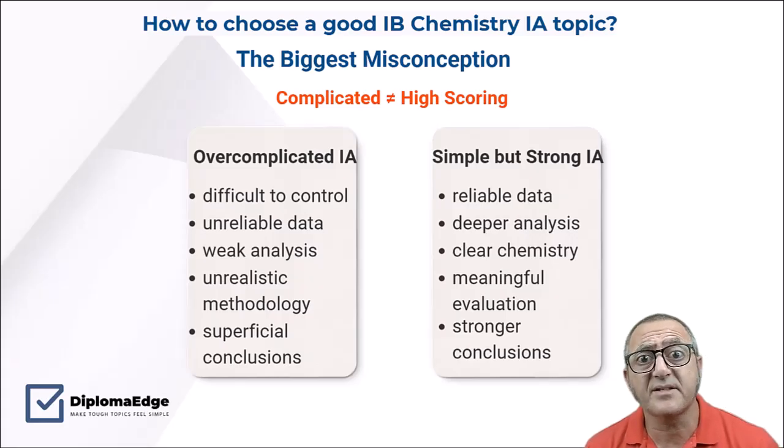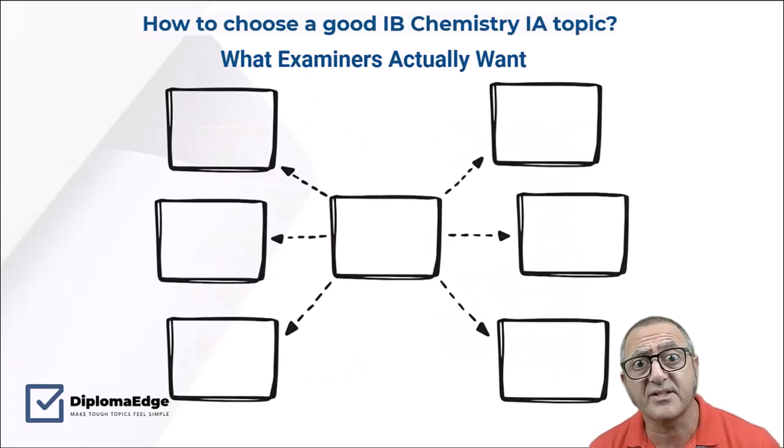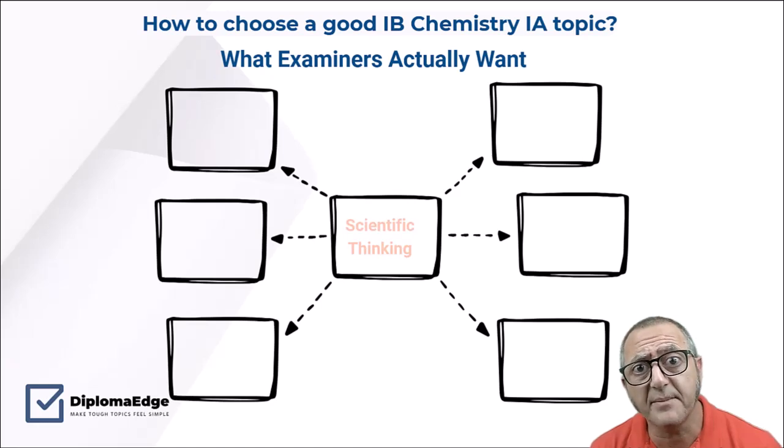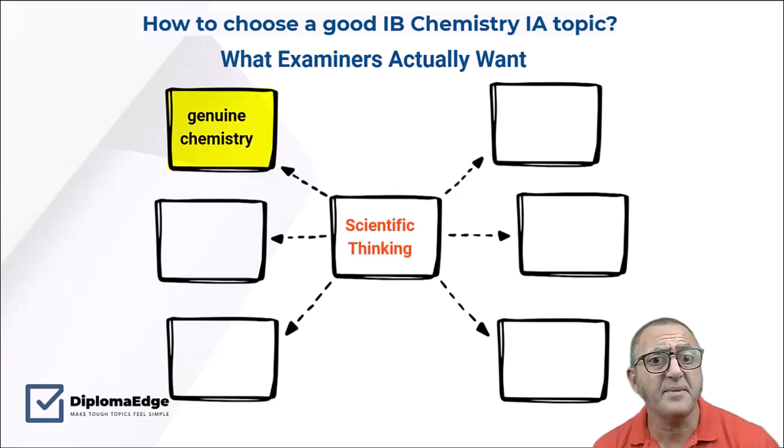So what are examiners actually looking for when they are reading your internal assessment? Well, the first thing that they are looking for is an internal assessment in chemistry. There have been many complaints over the years that candidates, or students, choose investigations that are not directly related to chemistry. An internal assessment has to be a chemistry one.